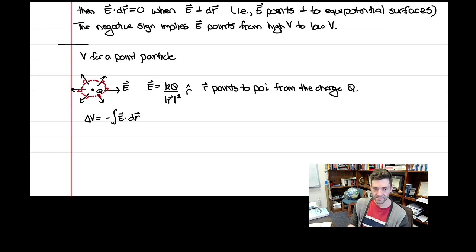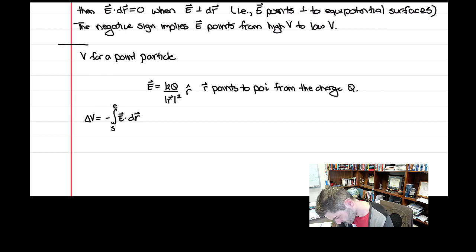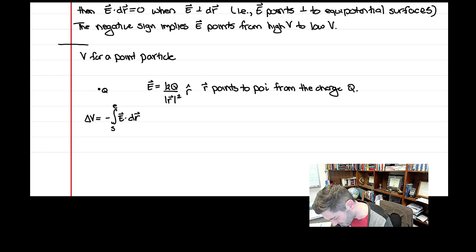I will take the simplest path, going from some starting point to some end point. I should have drawn this drawing a little bigger, so let me redraw this actually, or make it not as busy. Here's some Q. And essentially what I want to do is go from some start point to some end point. And by the symmetry of the problem, I'm going to just take a radial path.